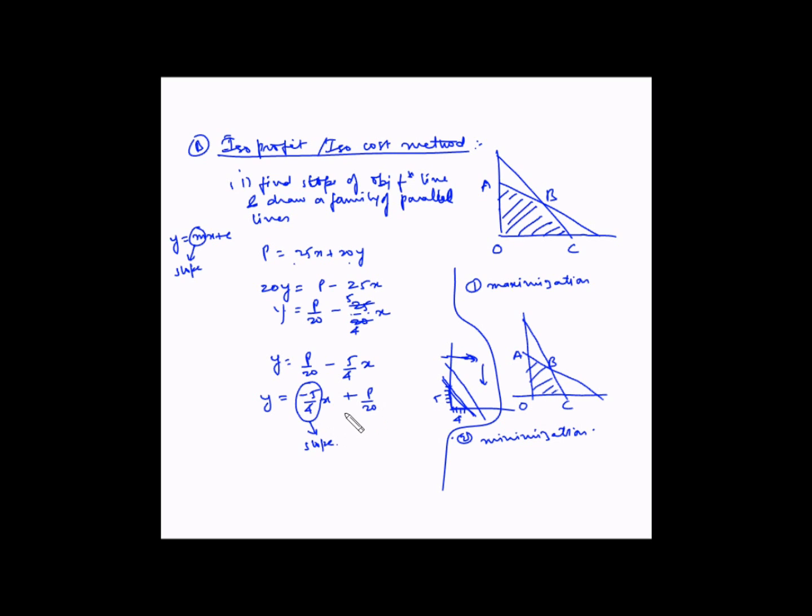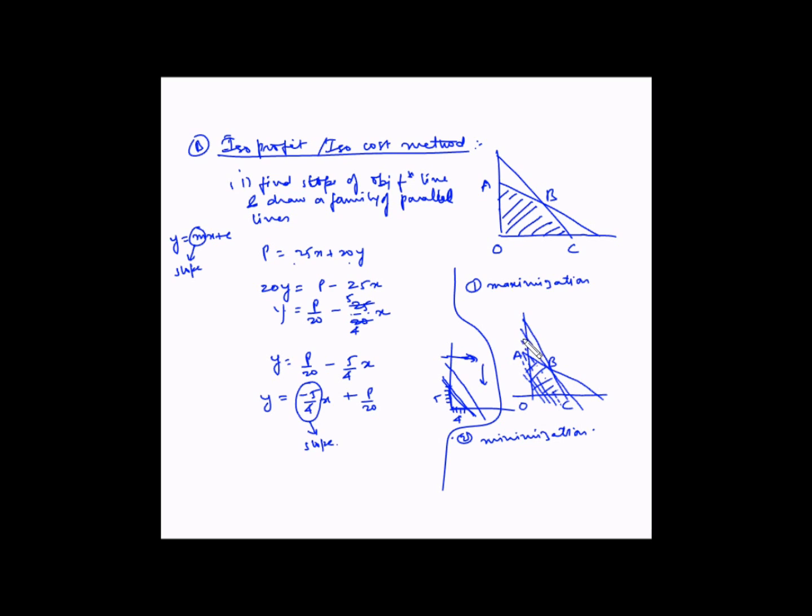Now we know the slope of this line, so we start drawing these lines in parallel to each other. So let's say the first line is this, second is this, third, fourth, fifth, and so on.